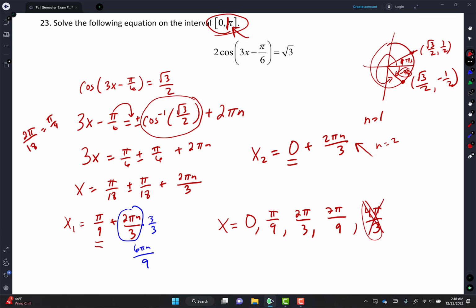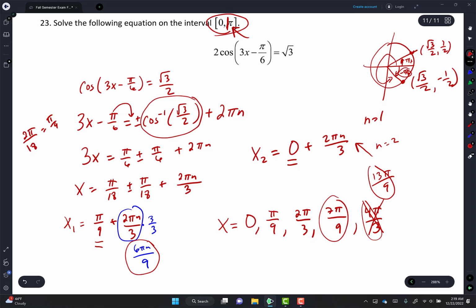And if you're thinking, well, let's add another one here: I'm at 7 pi over 9, and if I add another 2/3 pi, so 7 plus 6, I believe that's 13, right? 6, 6, 12, yeah. 13 pi over 9. Well, 13 over 9 is bigger than a pi, so we're done there. So that's it, guys. Those are my 4 answers: 1, 2, 3, 4.